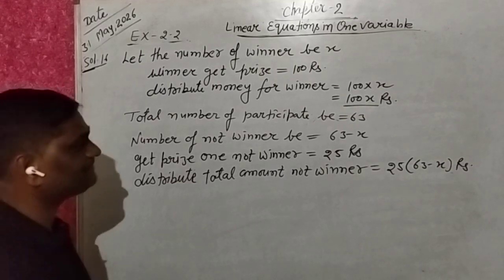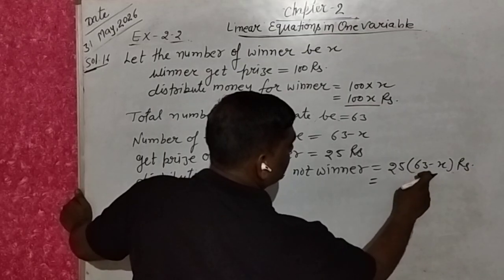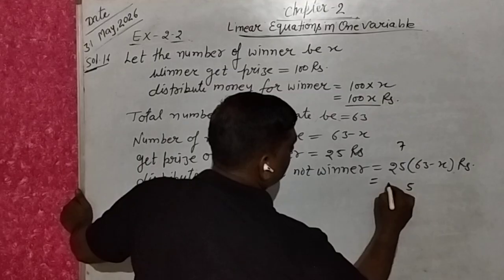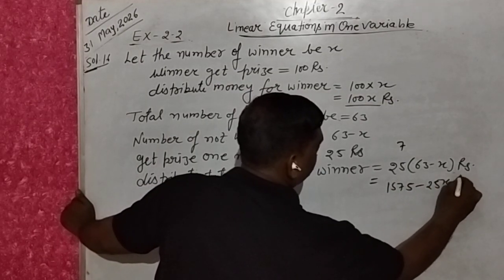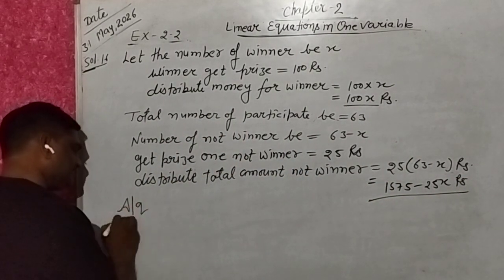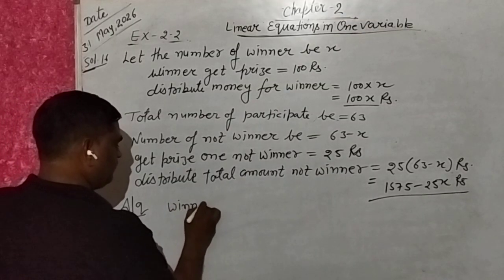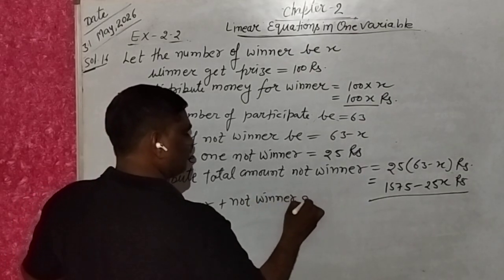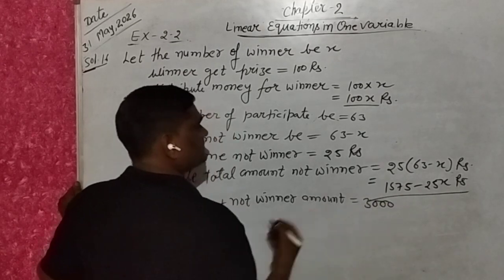I think you understand better. 25 times 3 is 75, 7 carry 2, 5, 6 are 150, so 1575 minus 25x rupees. You solve. According to the question, winner plus non-winner amount is 3000 rupees.